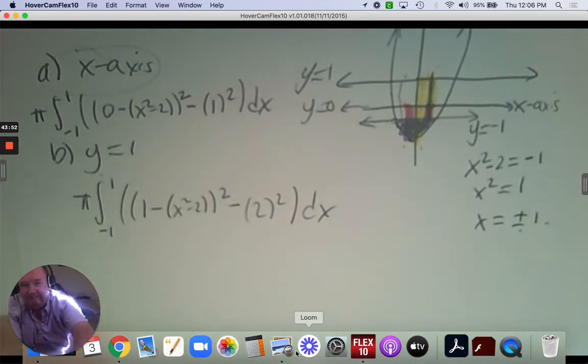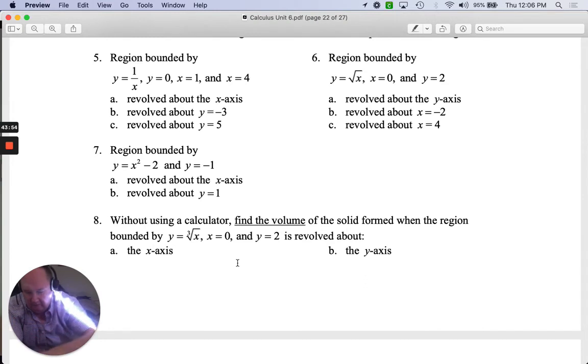Number 8. This will be the last one for this video, and then I'll do another video to do the next part. Without using a calculator, find the volume. So we're not just going to set it up, we're going to find the volume of the solid formed when the region is bounded by y equals the cube root of x, x equals 0, and y equals 2.